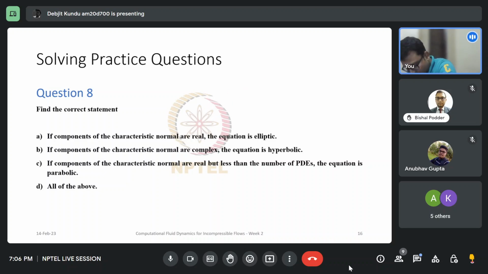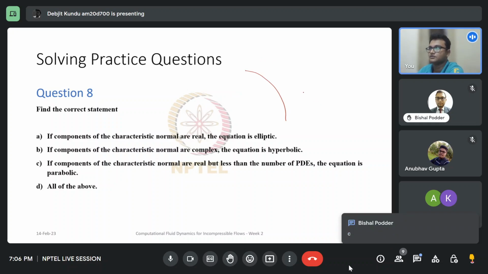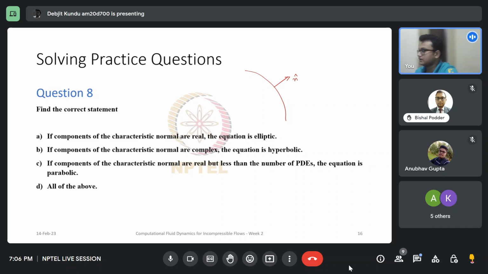First of all, just like characteristic lines, there are characteristic surfaces as well. In 2D, there are lines. In 3D, there would be surfaces and so on. And characteristic normal is this vector normal to that characteristic line. So using these characteristic normals also, we can determine the mathematical classification of the system.